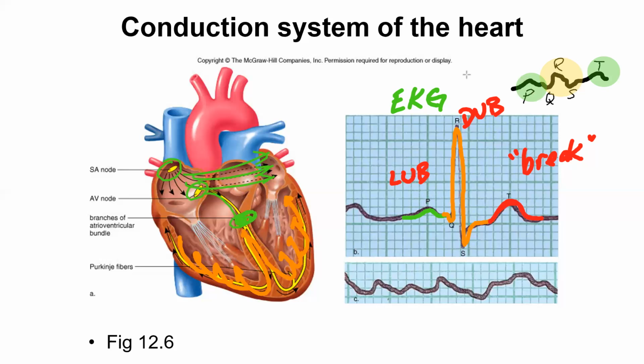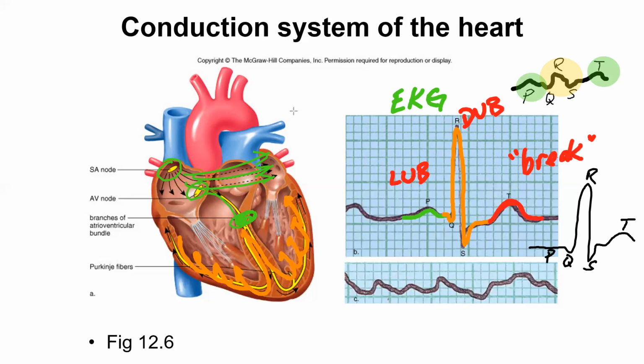Now, again, if you did something else, I'll draw it again down here. If you had another one that went like this, and then your P, QRS, and then T, and you have P, Q, R, S, T, there's something wrong with what part of that? What looks abnormal there?